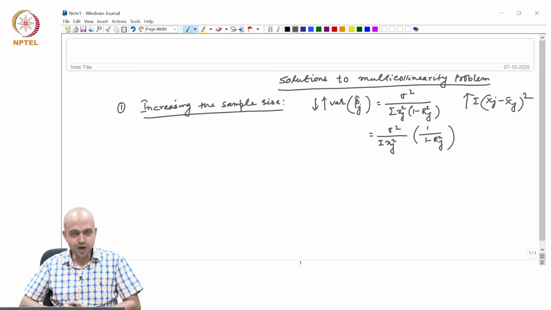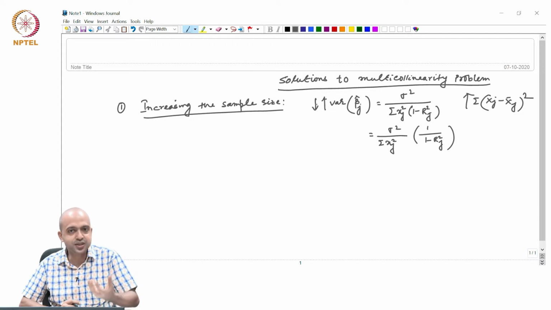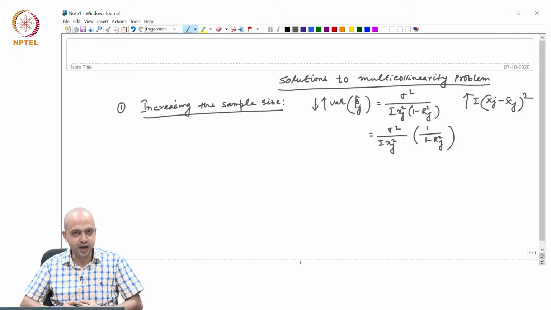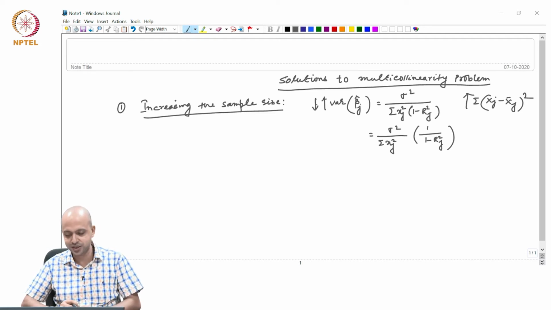So, as you increase the sample size, there is a higher probability that you will collect information from individuals with high income but low wealth, and at the same time high wealth but low income. So, these two things you can achieve by increasing the sample size, right?